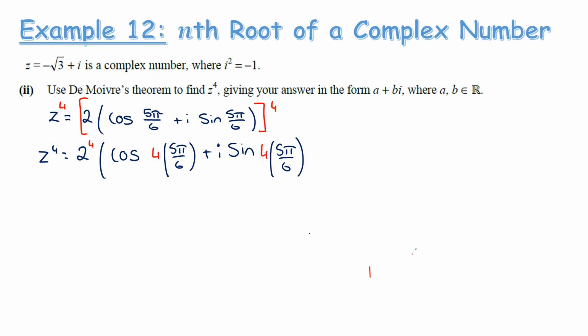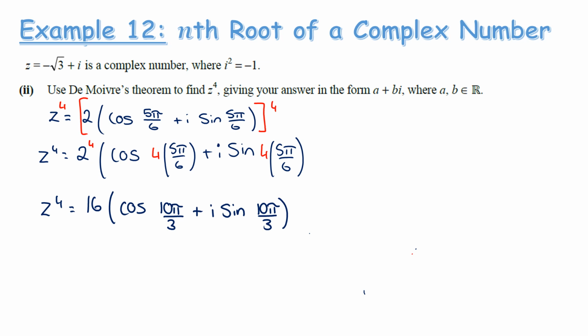So do a little bit of cleanup on this. z to the power of 4 is equal to 16 cos of, and you can clean this up, that's 10 pi over 3, plus i sine, and again you can clean this up, and double check while you're doing that that you have the matching argument in both the cos and the sine.